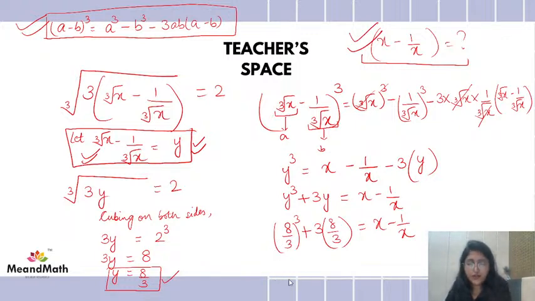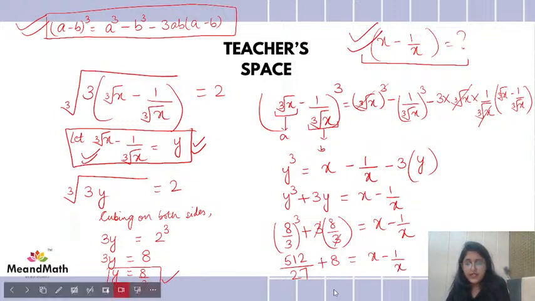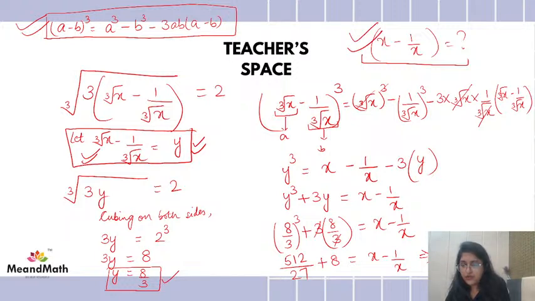Okay, so the cube of 8 is 512 upon the cube of 3, which is 27, plus. This 3 will get cancelled with the 3, and we get 8 over here. Now when we solve this, we'll get 512 upon 27 plus 216.